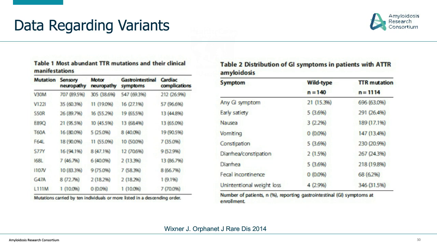Of the group that had primarily a neuropathic variant, greater than 60% would have prominent GI symptoms that were felt to be more than what was expected based on just age and chance. But of the group that had mostly cardiac and wild type, there were symptoms in about 15%, but keep in mind that that's similar to what we see in the general group.